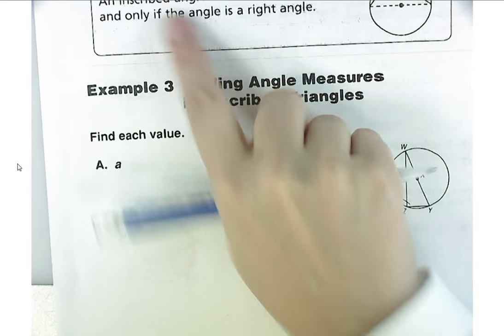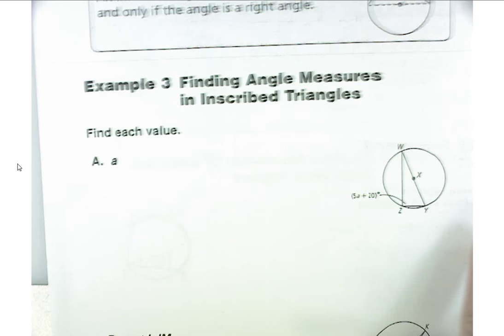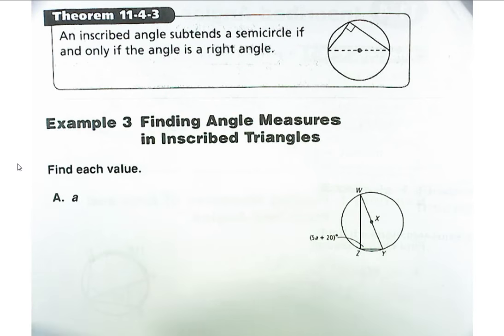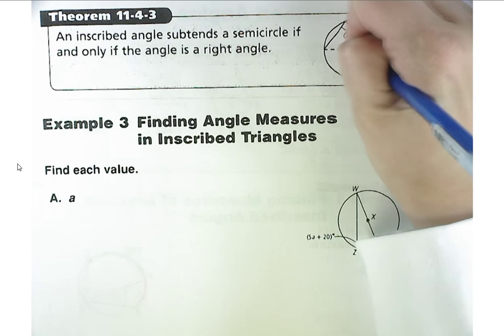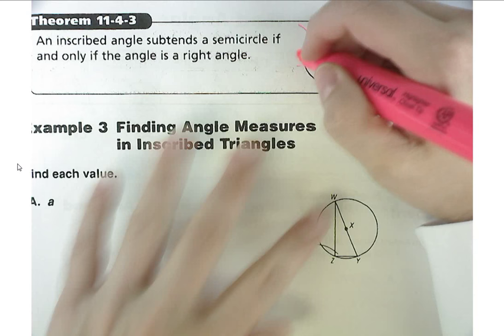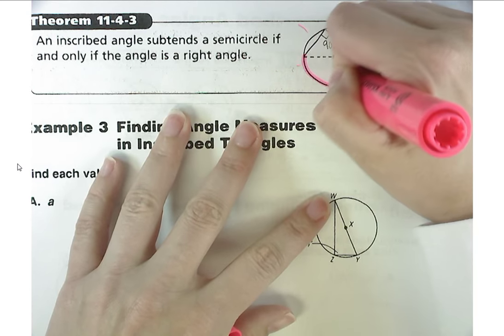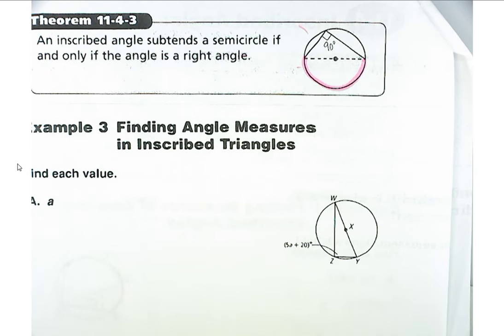All right, so then we have another theorem here, and this theorem tells us that an inscribed angle subtends a semicircle if and only if the angle is a right angle. So what it's saying is that if you have a right angle, then the arc is going to be a semicircle, which means it's going to be equal to what?